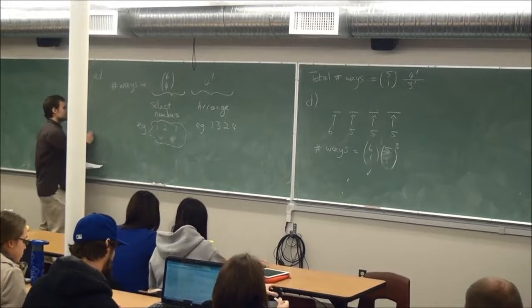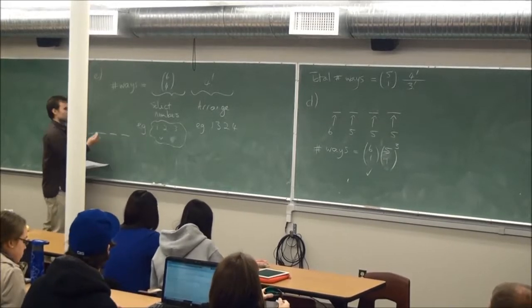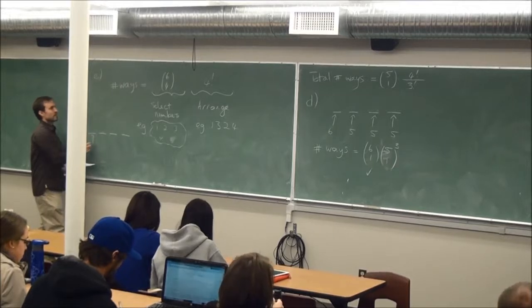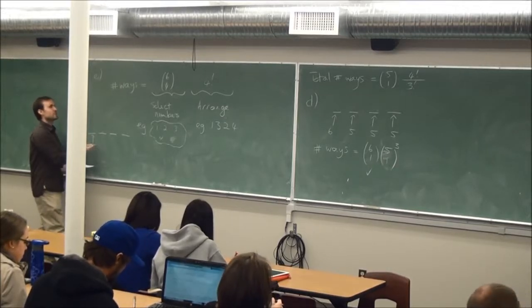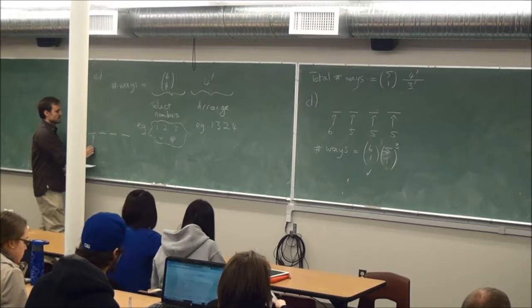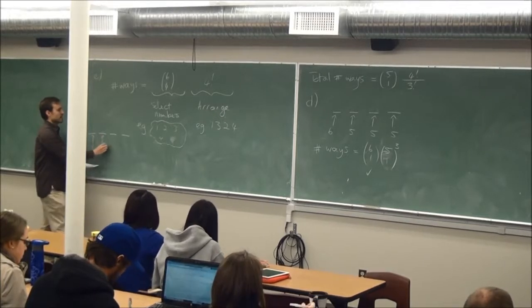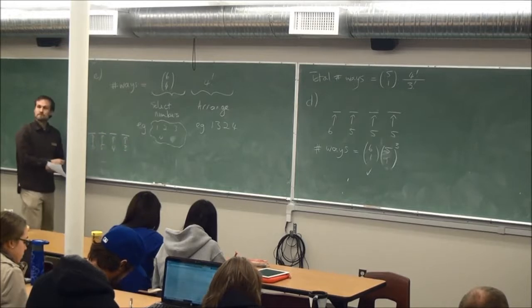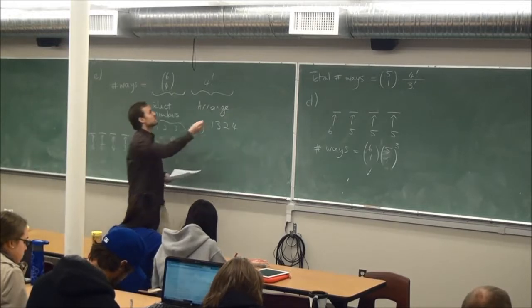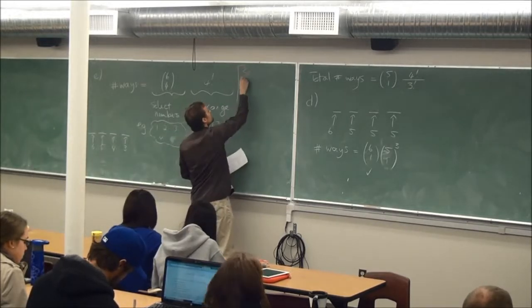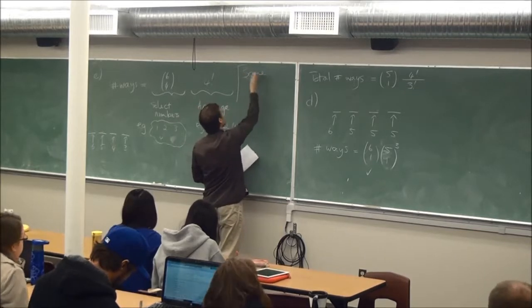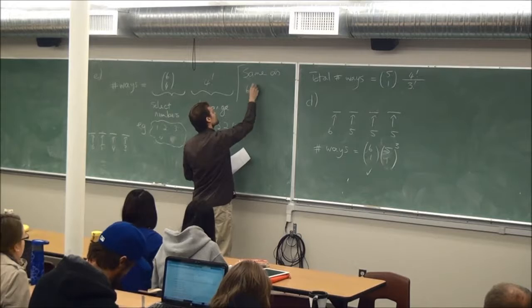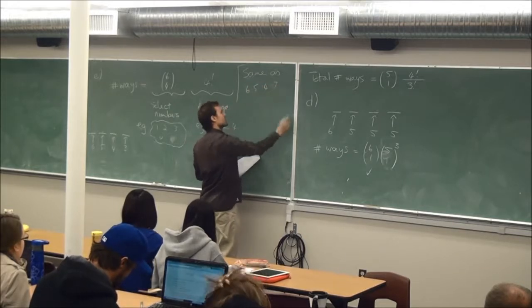I could have done how many choices for the first position? 6, 5, 4, 3. This is the same number in the end as 6 times 5 times 4 times 3.